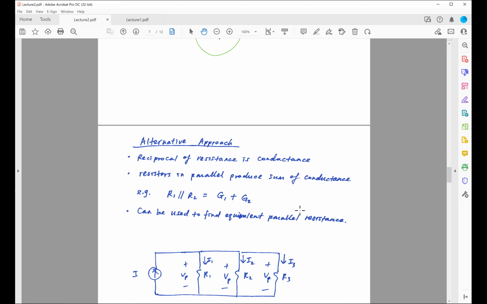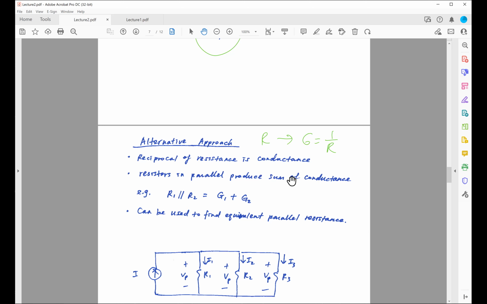Now, instead of using resistance, in the last lecture we talked about conductance. And we know conductance and resistance are opposites of each other. Resistance is the inverse of conductance, or conductance is the inverse of resistance. If you know R, then you know G, because G is equal to 1 over R. So the reciprocal of resistance is conductance.